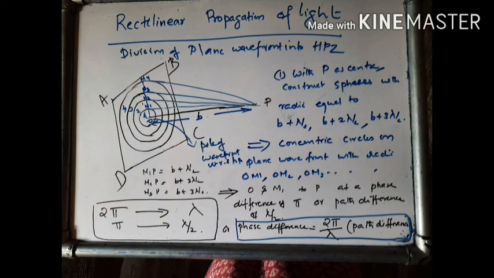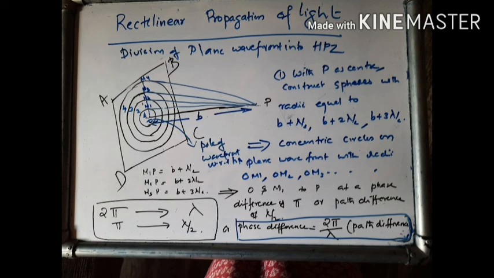Now he constructed concentric spheres with radii equal to b plus lambda by 2, b plus 2 lambda by 2, b plus 3 lambda by 2, etc. And they touch the plane wavefront at M1, M2, M3, M4, etc.